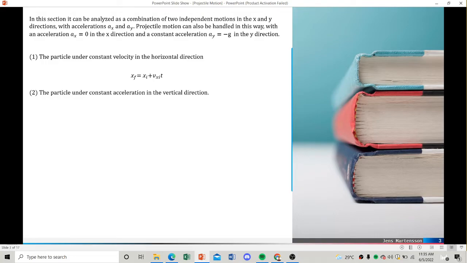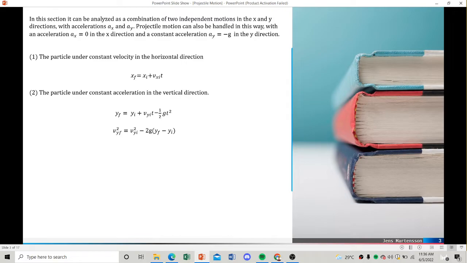For the particle under constant acceleration in the vertical direction, we have this equation: y final equals y initial, where y is the distance traveled by our particle in the y direction, plus the initial velocity times time minus 1/2 g t squared.